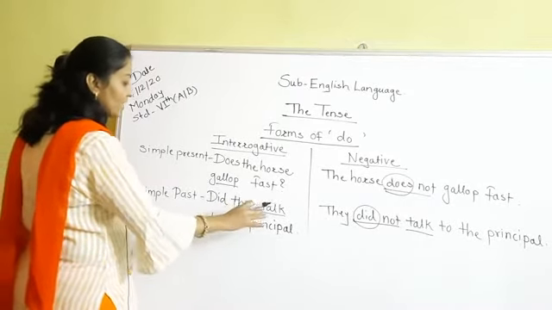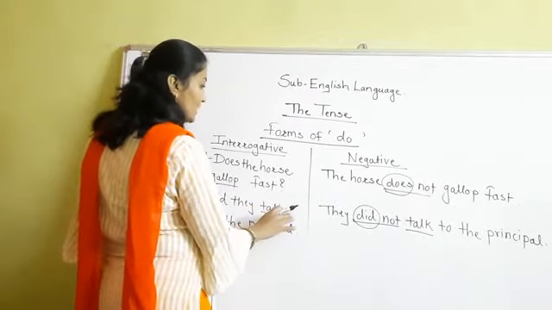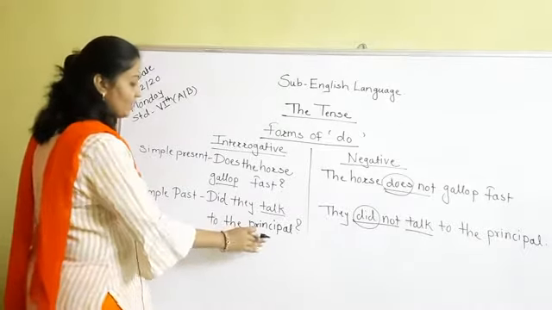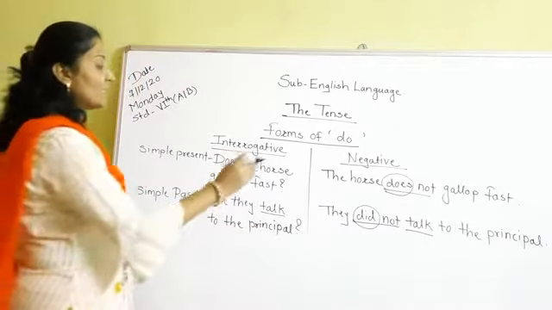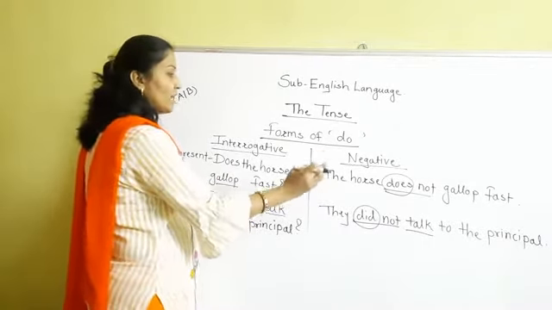Did they, then we have to write the main verb, that is talk to the principal, and don't forget to give the question mark. Did they talk to the principal? Like this, using the auxiliary that we have used in the negative sentence, we have to use that only to form the interrogative sentence. So have you understood?